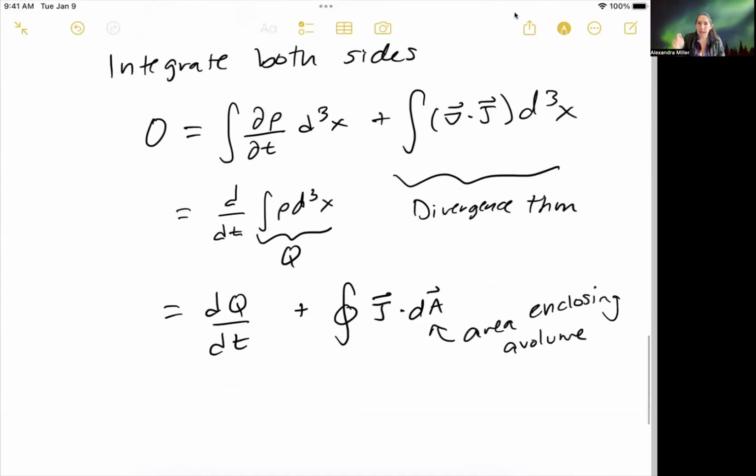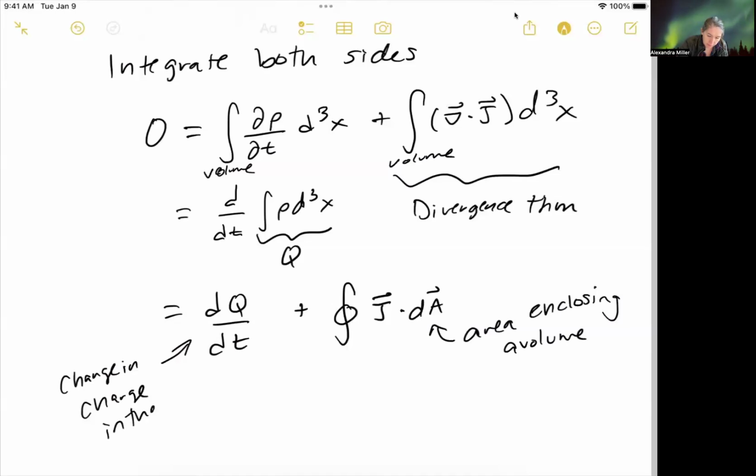And what volume is that? It was the volume that we were integrating over. So again, here we were integrating over some volume up above. And this term was the change in charge in that volume.